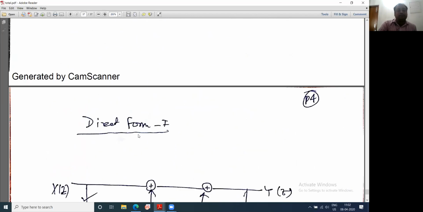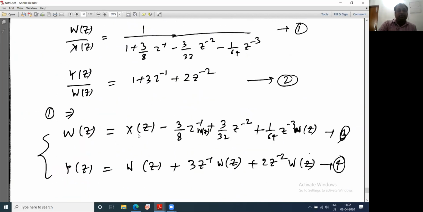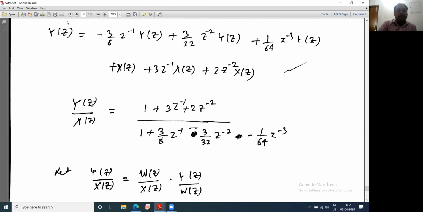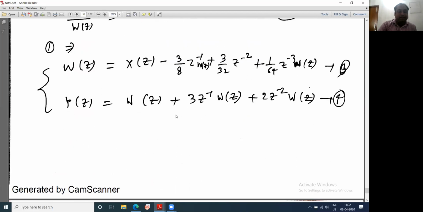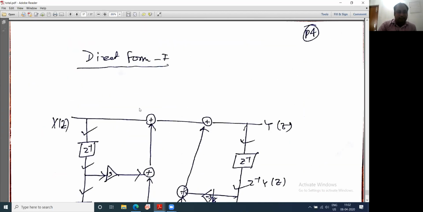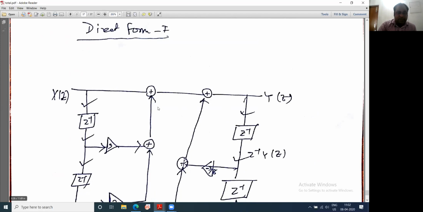Look at the expression there. Ultimately you have to realize this expression: X(z), 3z inverse X(z) plus 2z to the power minus 2 X(z). This portion is realized here, and this is coming here as the output.